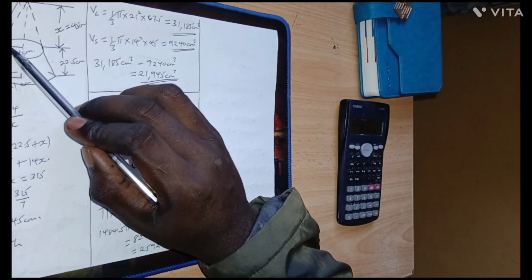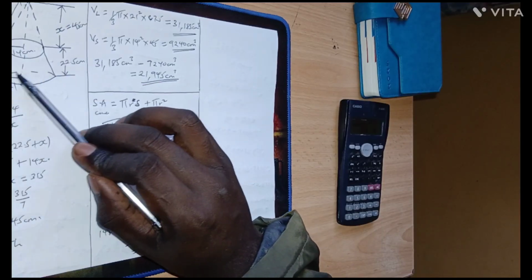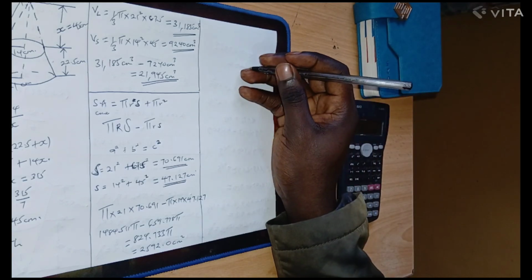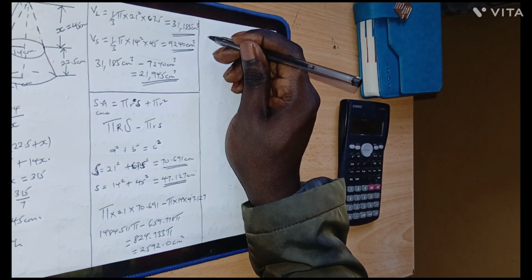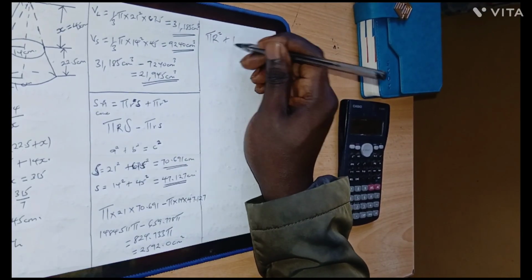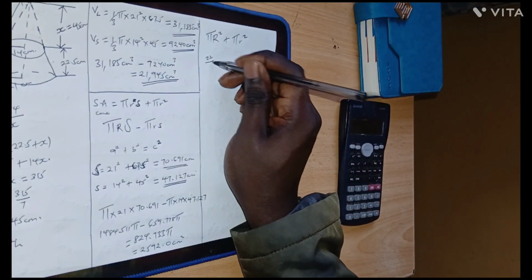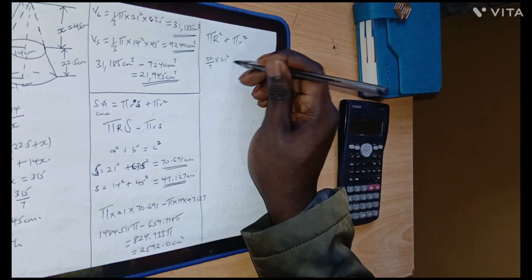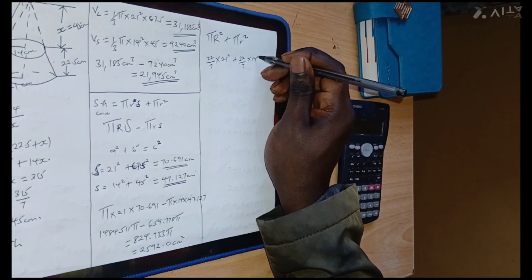So we need to put in the top circle and the bottom circle also. Let's do this. We have pi r squared and we have pi r squared to be added. So it's 22/7 multiplied by 21 squared plus 22/7 multiplied by 14 squared.